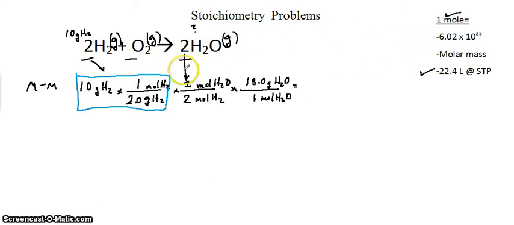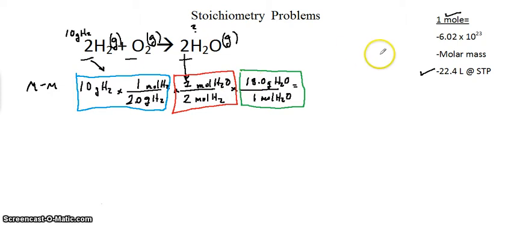The second part of these equations is this molar bridge, and the moles of what I'm given always goes in the bottom, the moles of what I'm trying to find will always go on top, and the numbers will come from their coefficients in the balanced equation. And then the last conversion is where I multiply by the conversion, because now that I know the moles of my final thing, I multiply by my conversion to get my final answer.